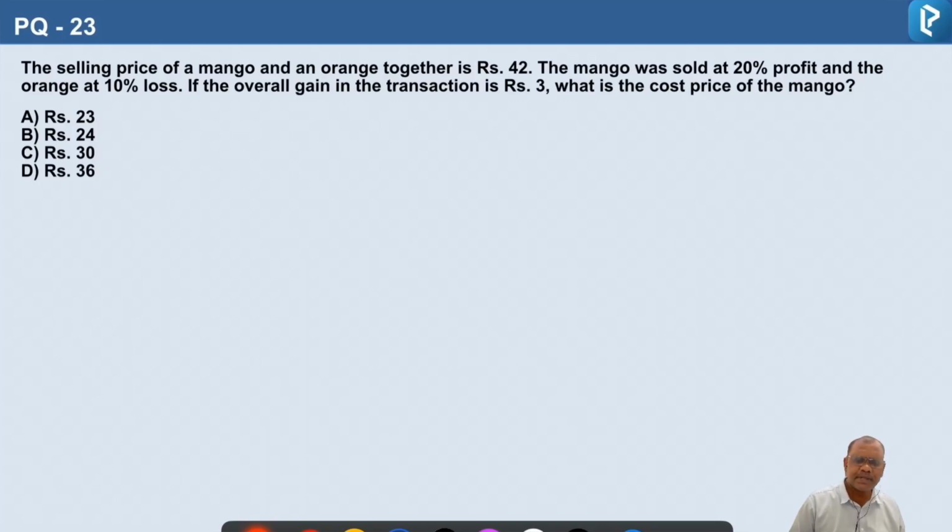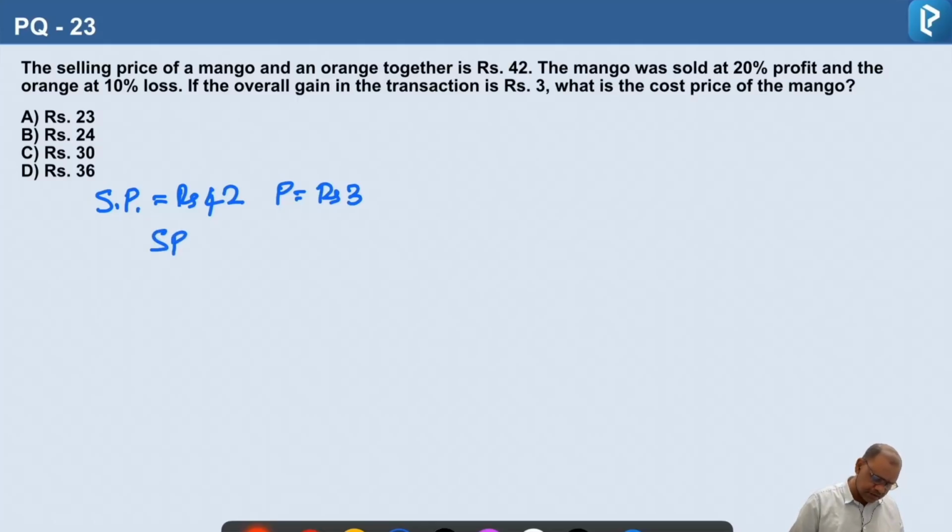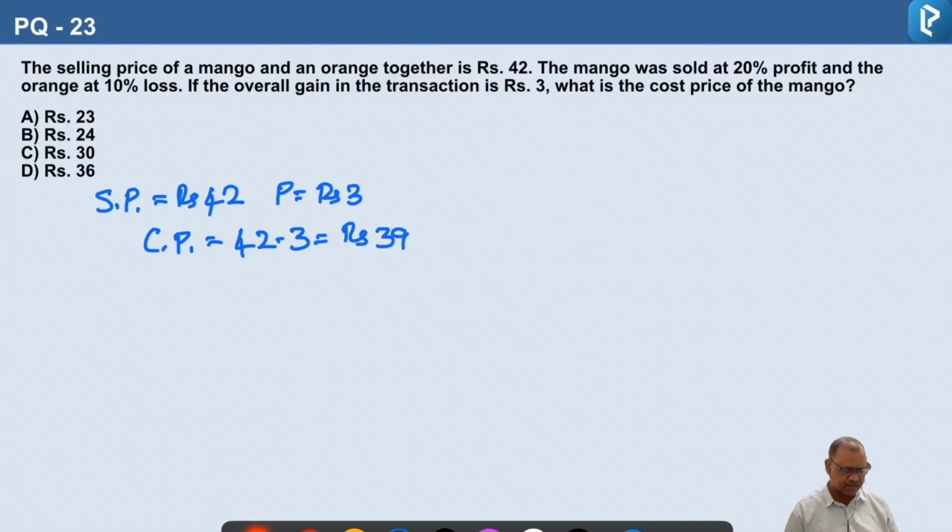The overall selling price is 42 and the gain is 3 rupees. So cost price is equal to 42 minus 3, that is 39 rupees.